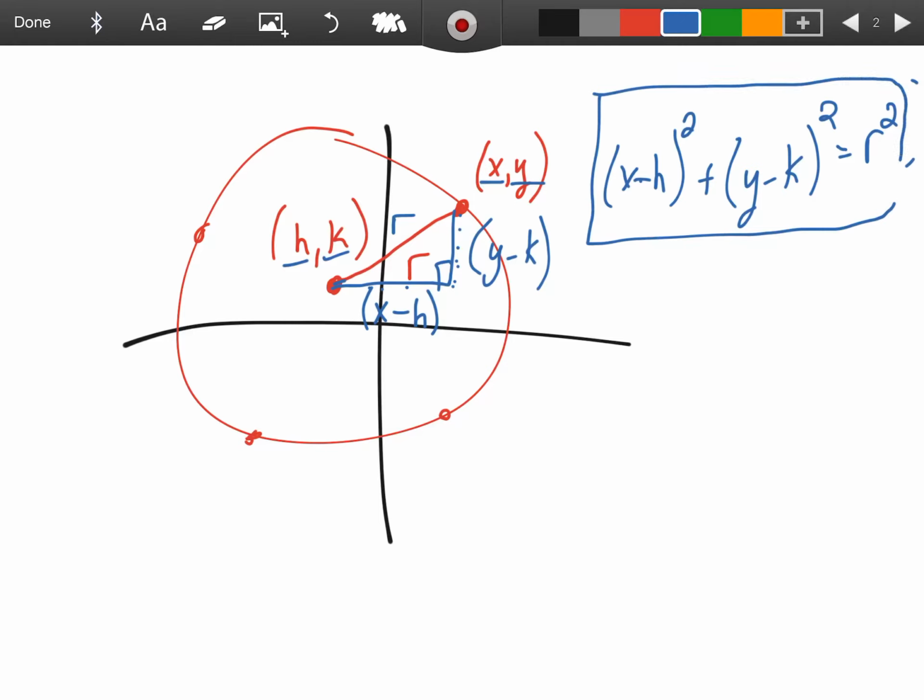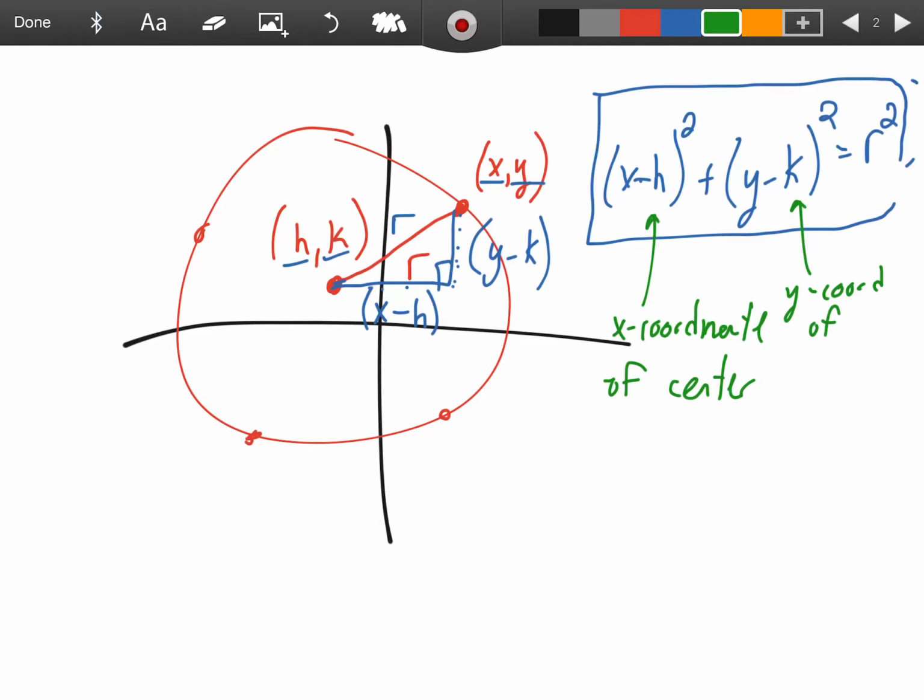It's x minus the x coordinate of the center, squared, plus y minus the y coordinate of the center, squared, is equal to the radius squared.